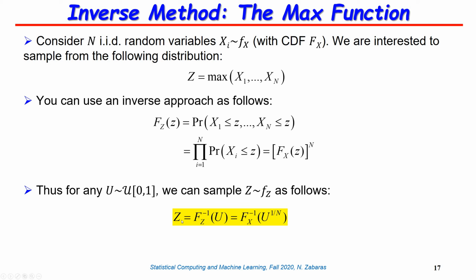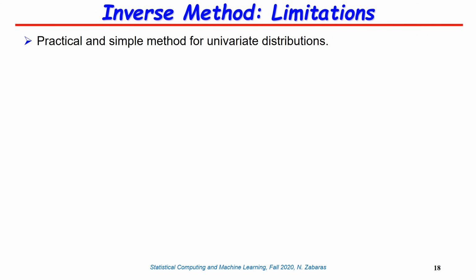I can formally write this as z equals the inverse CDF of x, at u to 1 over n. And this is a nice way to write it because it tells you that if you have this uniform random variable u from 0 to 1, that mapping takes you to the random variable z. So we can produce samples of z by sampling the uniform distribution from 0 to 1.